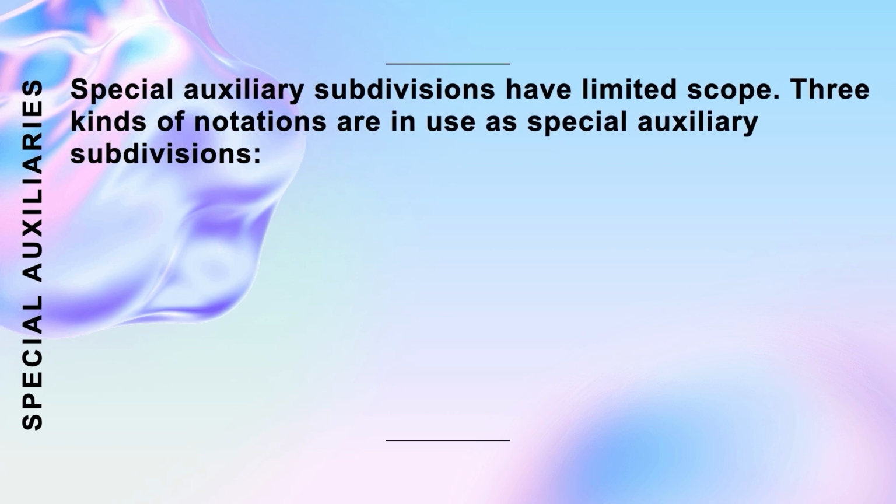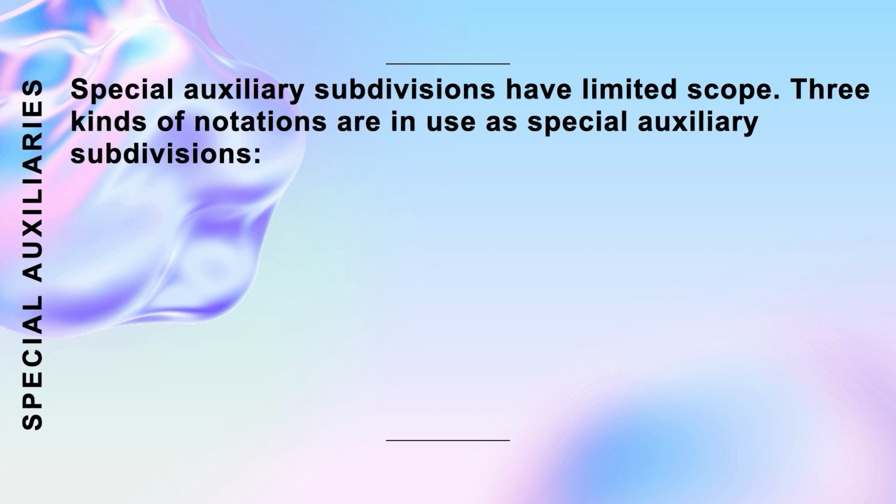Next, there is a very nice provision in UDC, and the beauty of the UDC is the provision of special auxiliary subdivision. So special auxiliary subdivision has limited scope. So it is applicable to a limited portion of the main class number and maybe also for the common auxiliary class number.